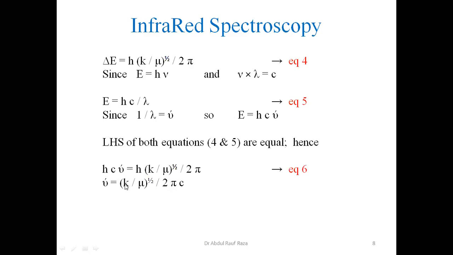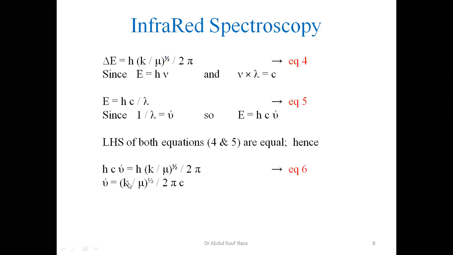But here, what is important is this equation, K over reduced mass. Now, you can see if this is a constant, the wave number is dependent upon force constant. Wave number is also dependent upon reduced mass. It has a direct relationship with the force constant, K value.